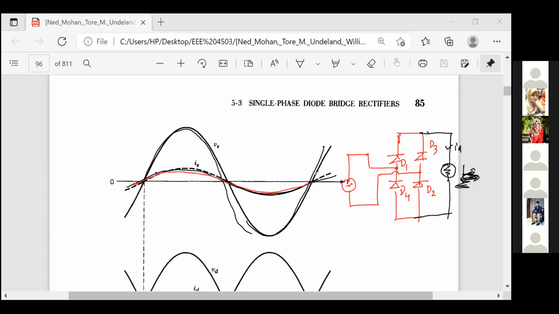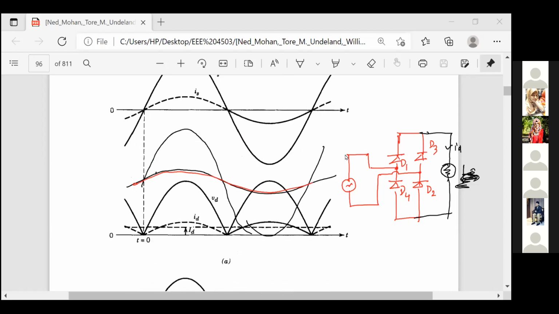And this is the wave shape of the output voltage. You know the full wave rectifier, right? It will have the output voltage and output current with a wave shape like this.